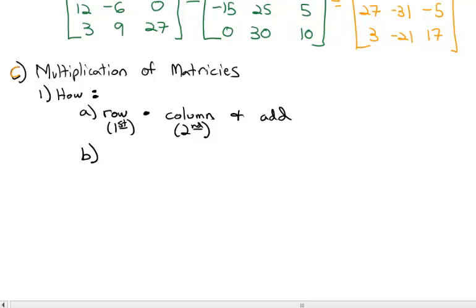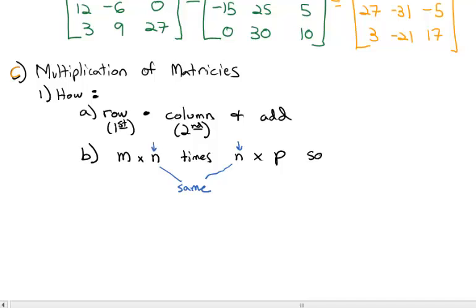But the other important rule is if we are multiplying an M by N matrix times an N by P matrix. This is very important. When we multiply the two center values, the columns of the first matrix and the rows of the second matrix must be the same.